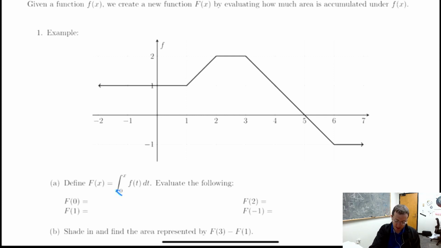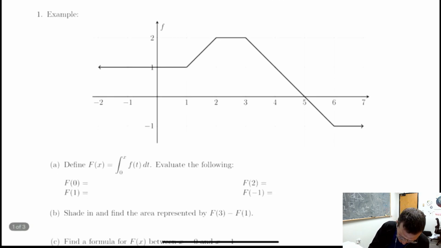If you reset the trip odometer to 0 miles at time 0, then at time x, this integral is accumulating your velocity to figure out how far you've gone. So that's what the trip odometer is telling you. I'll come back to that analogy when we look at the fundamental theorem of calculus, part 1.